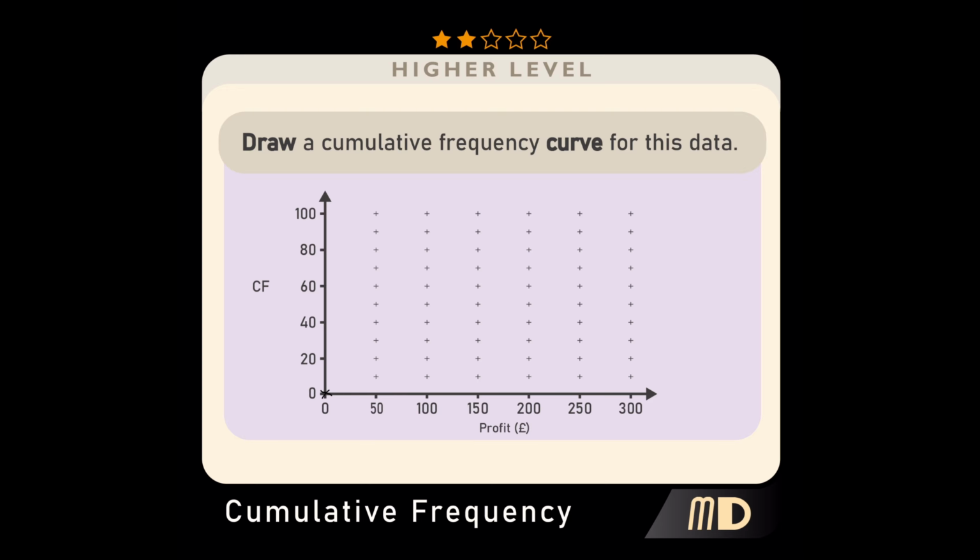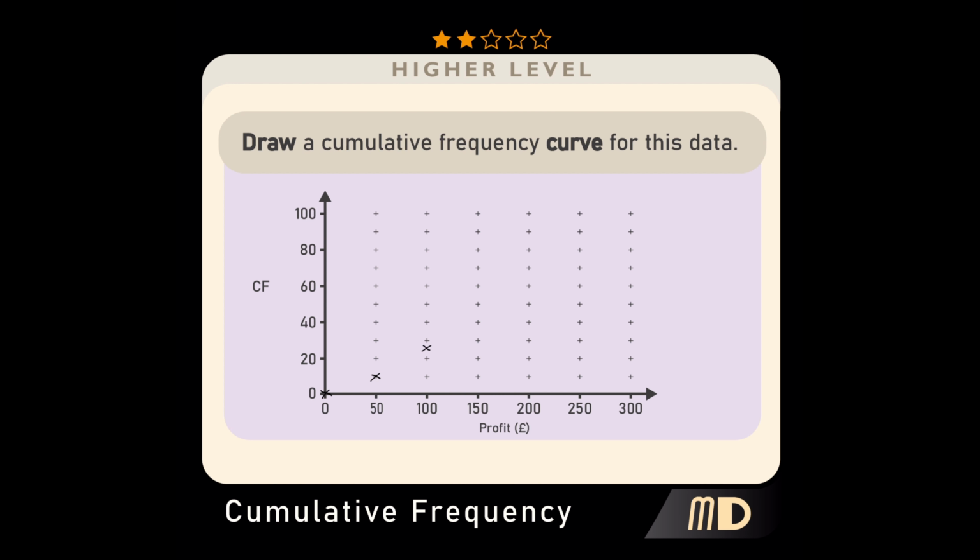So we need to plot a point with the coordinate 50, 10. The second value in the cumulative frequency column is 25, and the upper boundary of the corresponding group is 100. So we need to plot a point at the coordinate 100, 25.